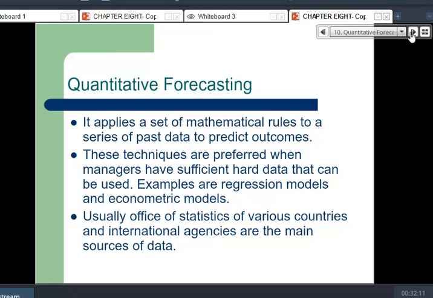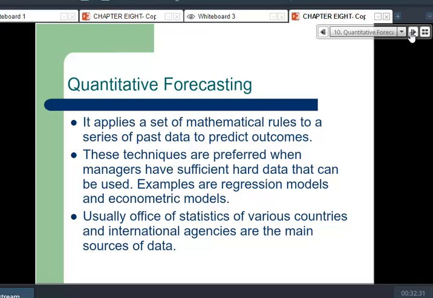These techniques are preferred when managers have sufficient hard data. For example, regression models and econometric models are both good tools of anticipating.